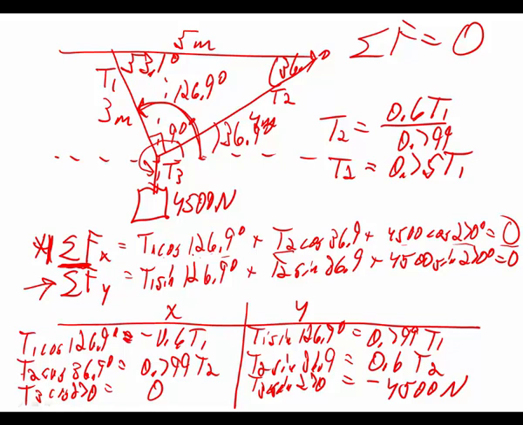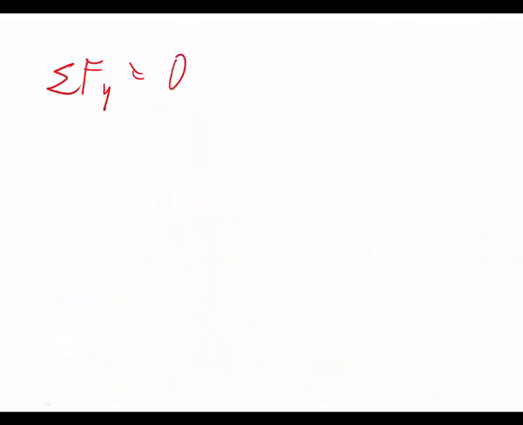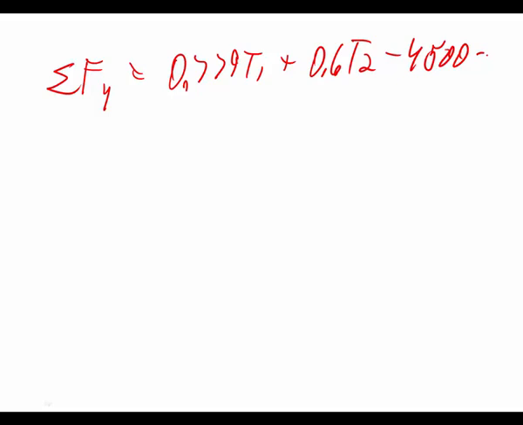And I've run out of room, and I'm going to go to the next slide. So we take that equation, and actually we want to plug it in where? We want to plug it in where we've already done all the work. And so the sum of the forces in the y was what? 0.799 T1 plus 0.6 T2 minus 4,500 is equal to 0.